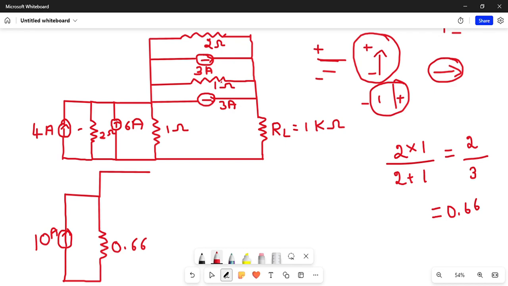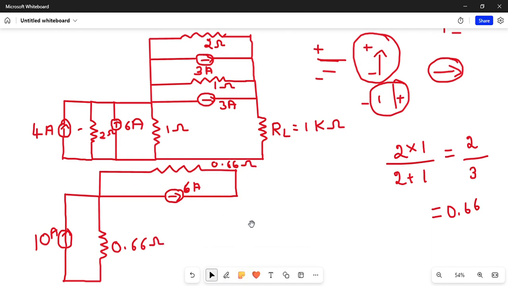So 2 and 1 in parallel, as I've already discussed, is once again nothing but 0.66 ohm, and here it is once again my 6 ampere. Don't forget to write ohm without fail.